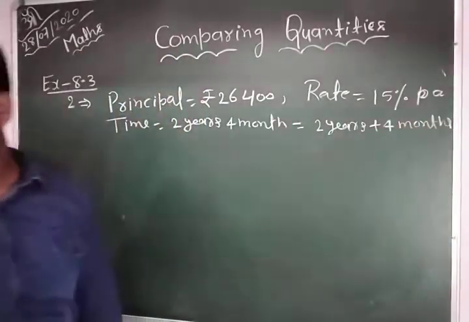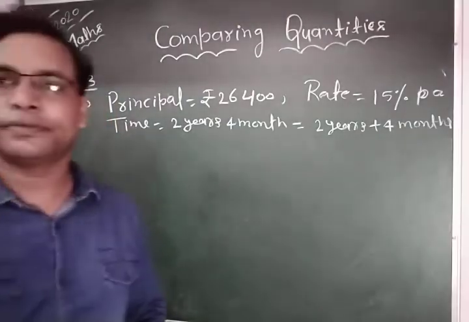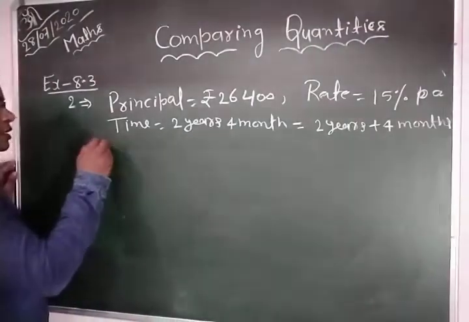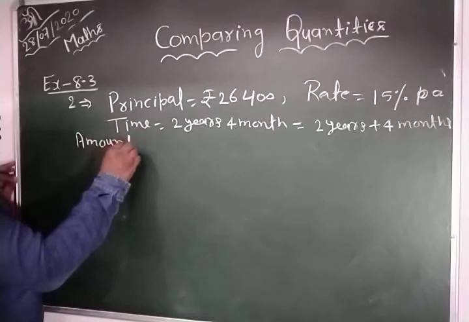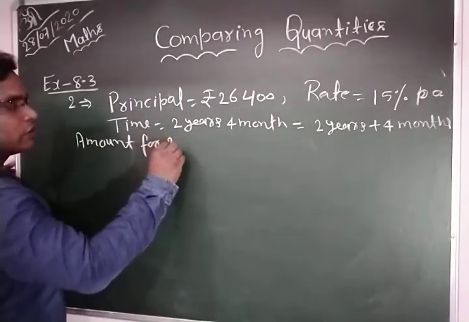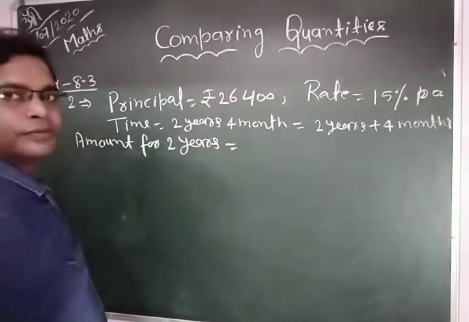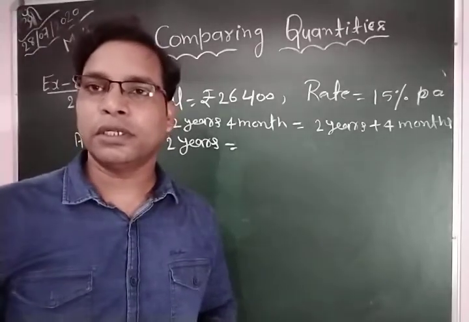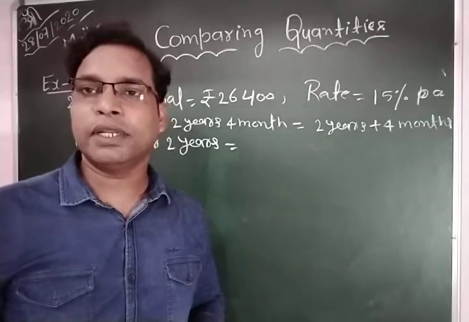So first we find the amount for 2 years. Amount for 2 years is equal to, we use the amount formula, principal into (1 plus rate by 100) to the power n, meaning time.